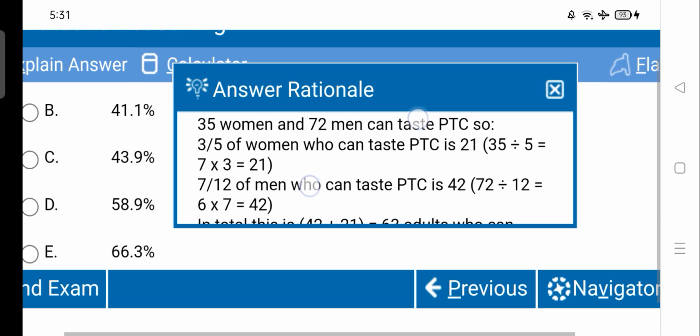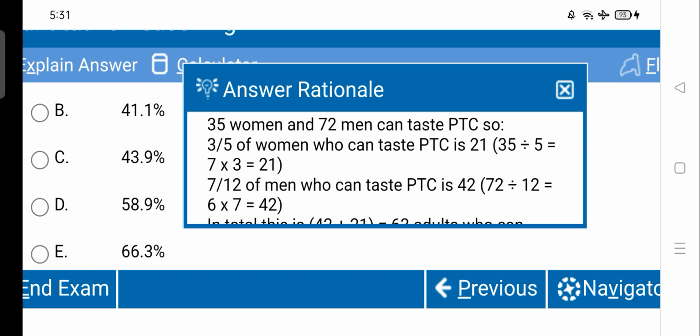as 35 women and 72 men can taste PTC. So 3 by 5 of the women who can taste PTC is 21: 35 divided by 5 equals 7, multiplied by 3 equals 21.